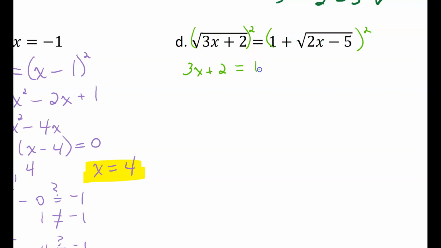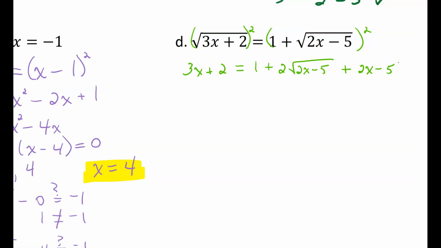So 1 squared is 1, plus 2 times 1 times the square root of 2x minus 5 is 2 times the square root of 2x minus 5, plus, if I take the square root of 2x minus 5 and square it, I'm going to end up with just 2x minus 5. All right, so I still have a radical, and so we're going to go through the process all over again.